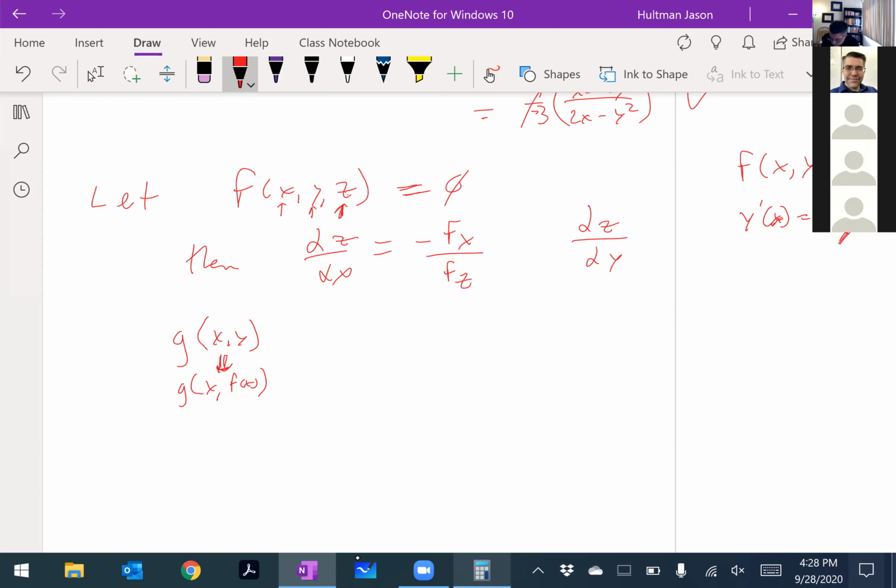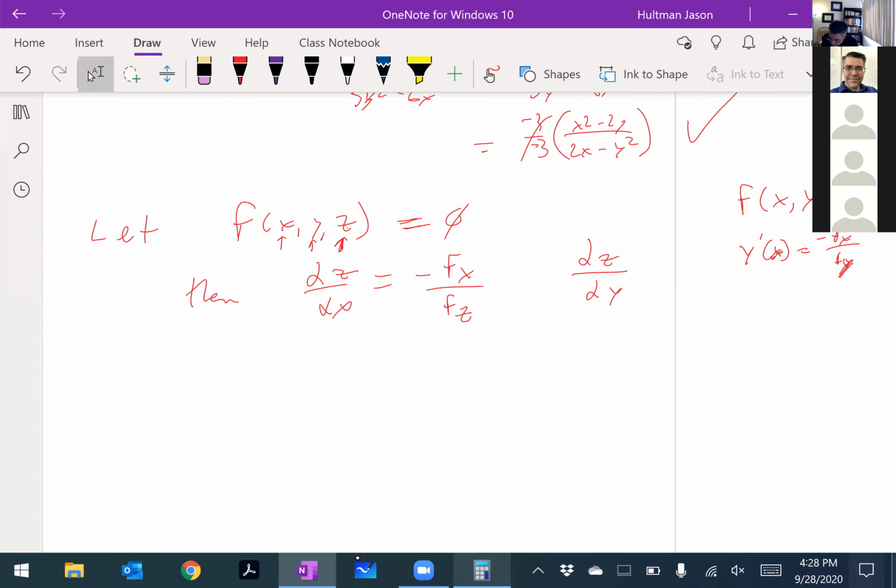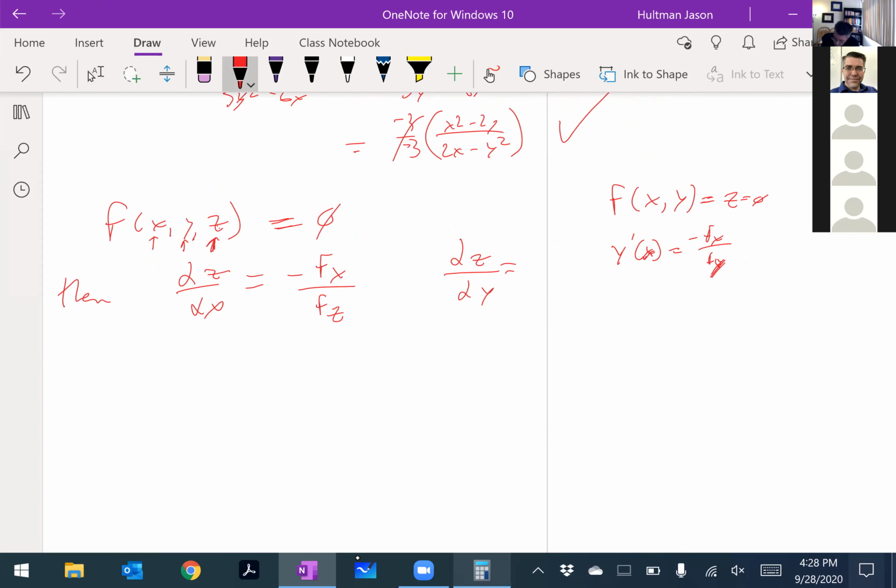I don't want to get too lost in the sauce, but it's just an analogy. It's analogous to what we've done already with 2 variables, or 3 basically. We're going to now do it with 3 variables here: x, y, z. So dz dx is these partials, and dz dy is going to be f sub y over f sub z.